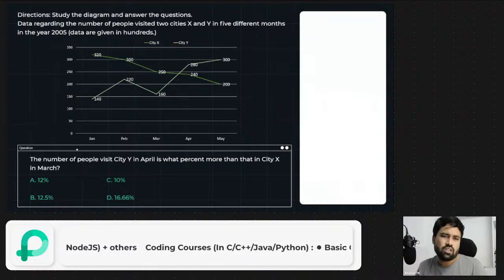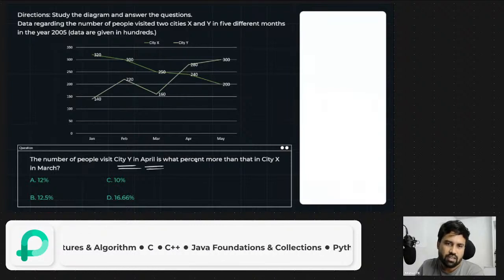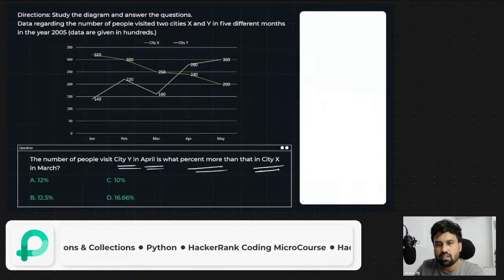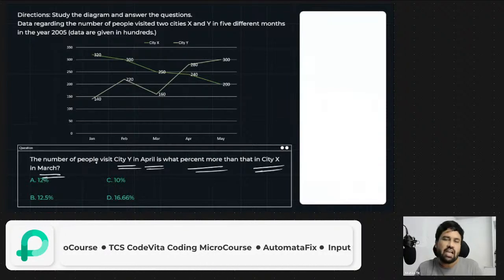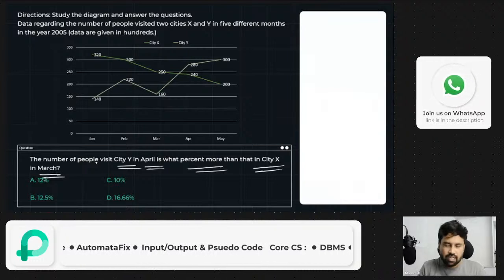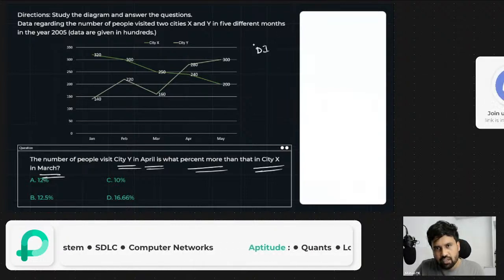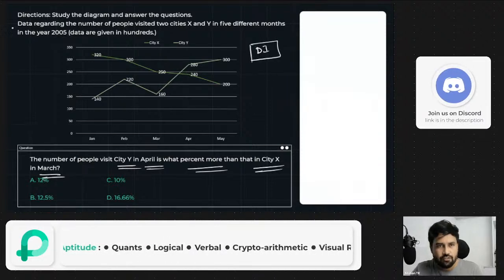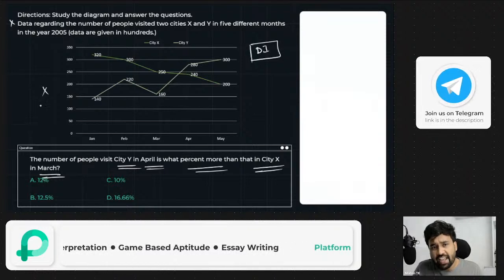Okay, so just look into the next question quickly. The number of people visited city Y in April is what percent more than the city X in March? See guys, I will tell you the shortcut immediately. When I see the data interpretation related questions, I won't read the directions. I won't look into the diagram.